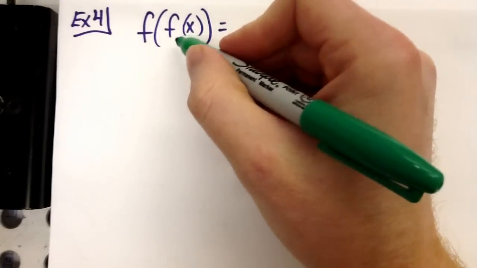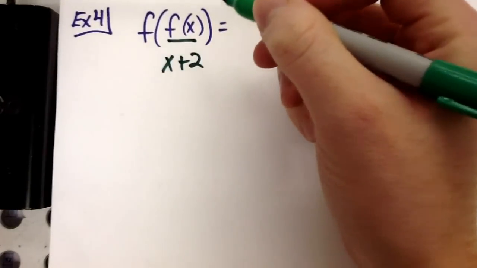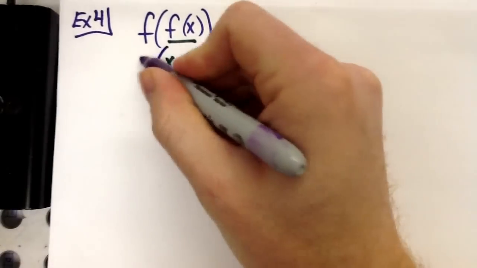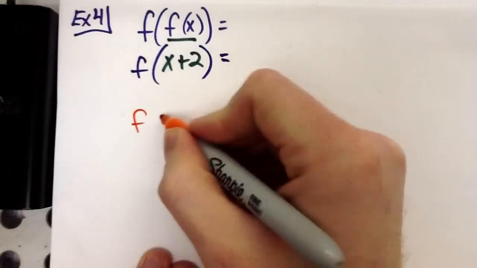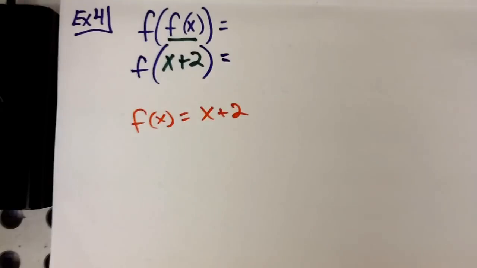Again, think substitution. I know what f of x is. I know it's x plus 2. That's what I gave you in the very beginning of the lesson. So now I need to find f of x plus 2. Maybe a better way to think about this is to rewrite f of x. F of x is x plus 2.